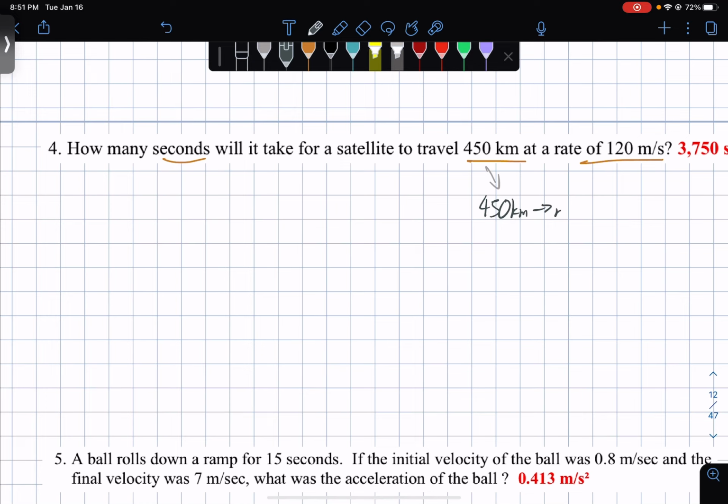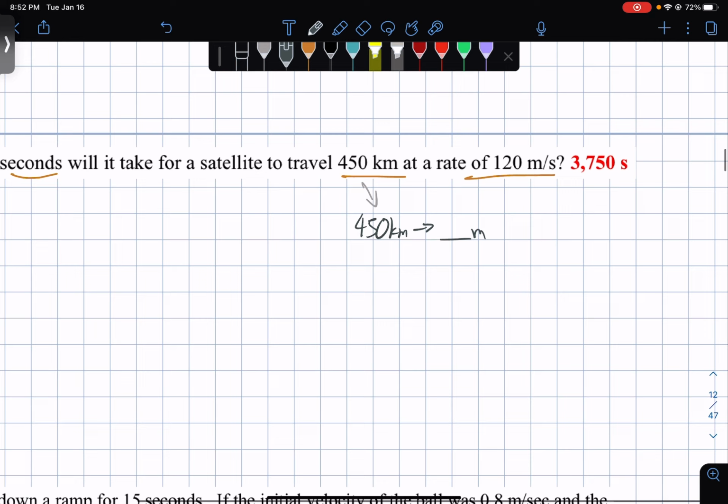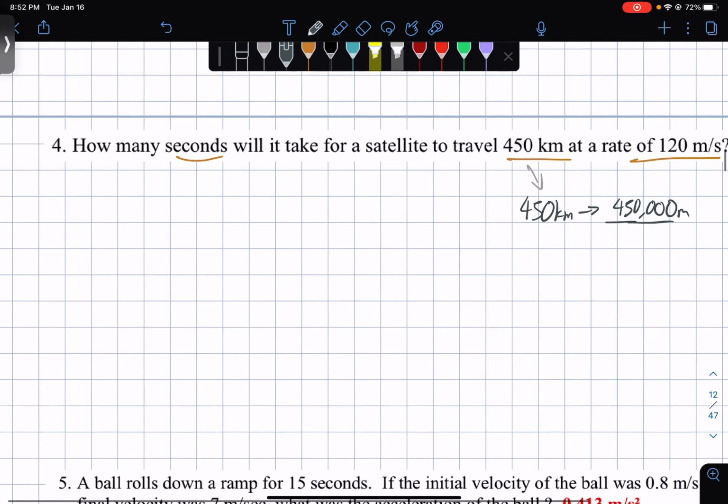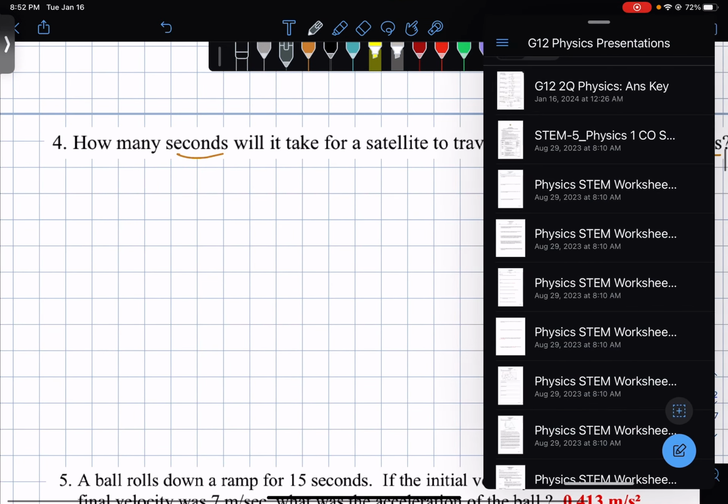Basically, we have kilometer, hectometer, decameter, and meter. So the distance between kilometer to meter is 3 zeros. So just add 3 zeros. So this is 450,000 meters, and the rate is 120 meter per second.